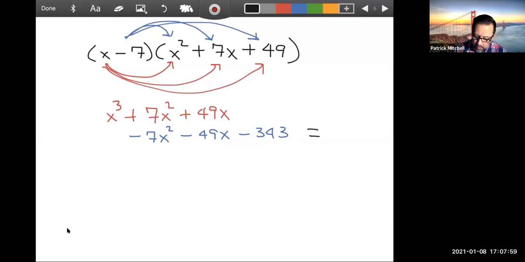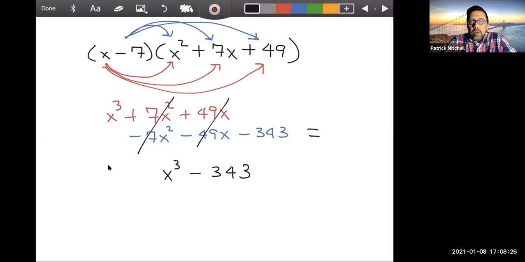The x squared terms cancel and the x terms cancel, and you are left with x cubed minus 343. All right, kind of mind-blowing. You multiply a binomial and a trinomial and you get a binomial. So this is a very, very special situation. I have to rig these very carefully in order to get them to work.